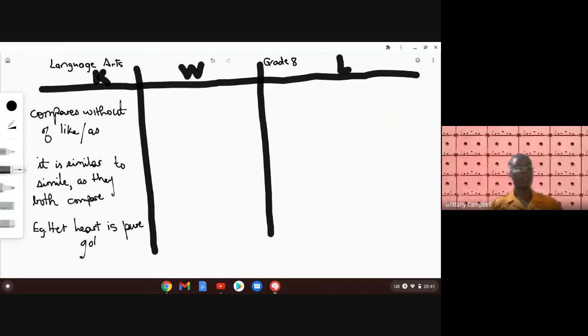Anything else we know about metaphors? Do we know anything else? No? Yes? All right, so what do you want to know? Okay. When to use it? All right, when to use it.